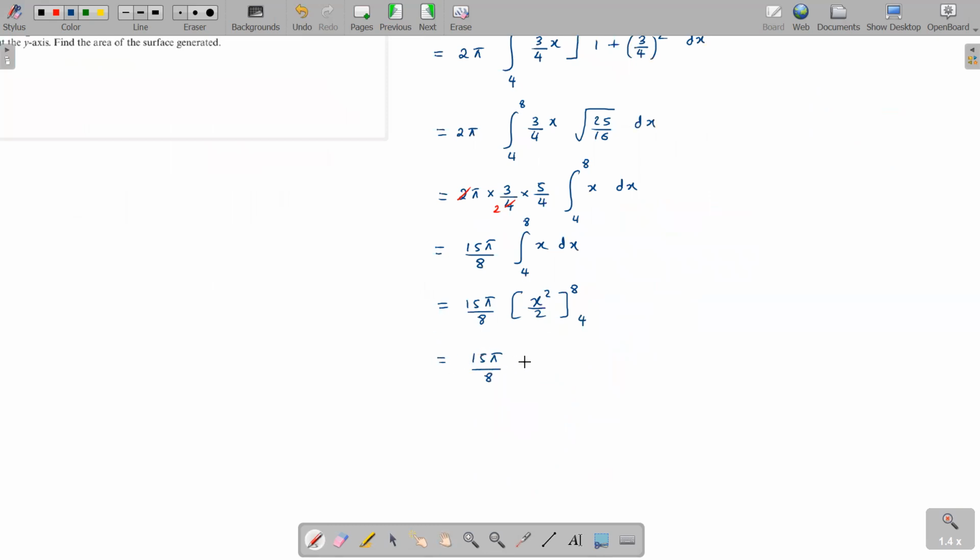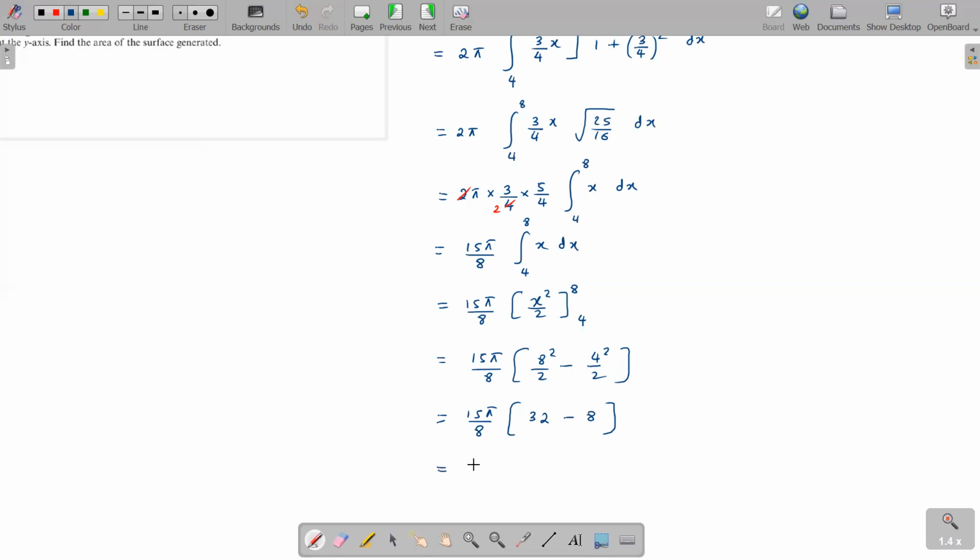What do we get here? 8 squared over 2 minus 4 squared over 2. 8 squared over 2 is 64 over 2, which is 32. 4 squared is 16, 16 divided by 2 is 8.